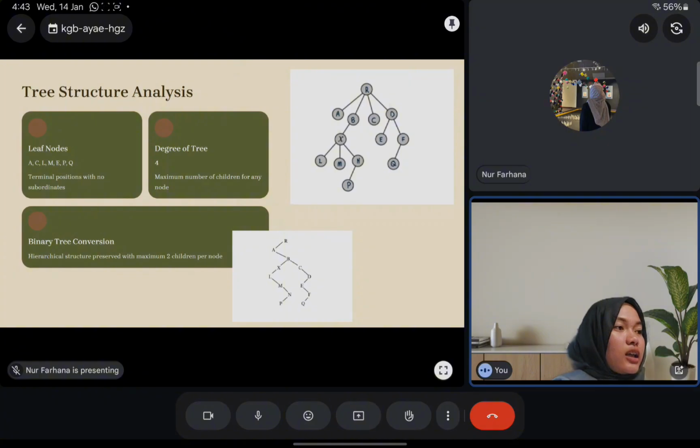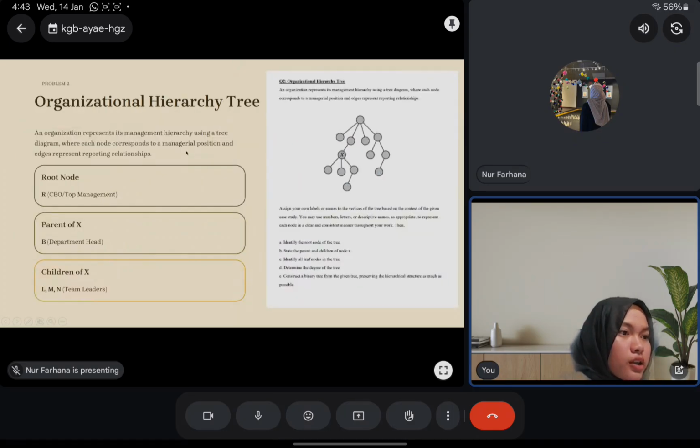So I put alphabets here to represent each node. Question A: identify the root node of the tree. The root node of the tree is the top one.